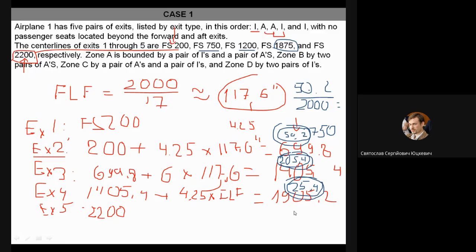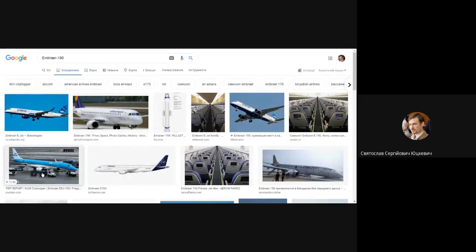There were a lot of notes on the internet that the A-plane was designed with problems, because if you look at Embraer 110, as in the KLM example, you could see that Embraer has mid type 3 exit doors.